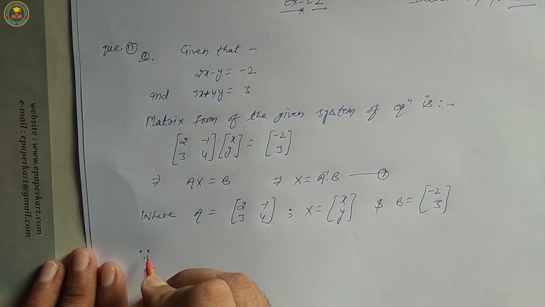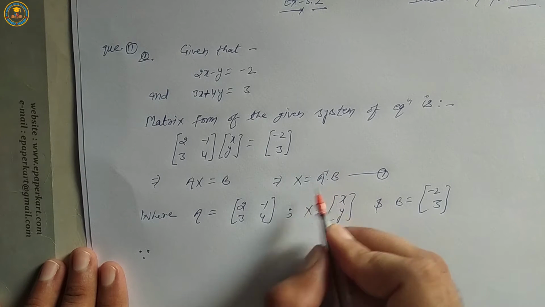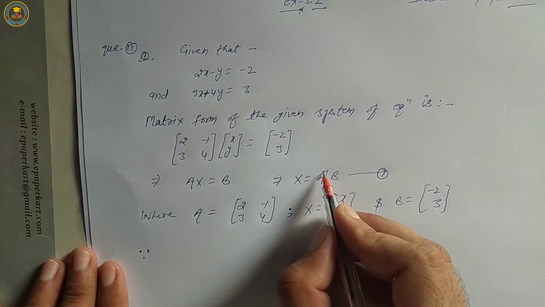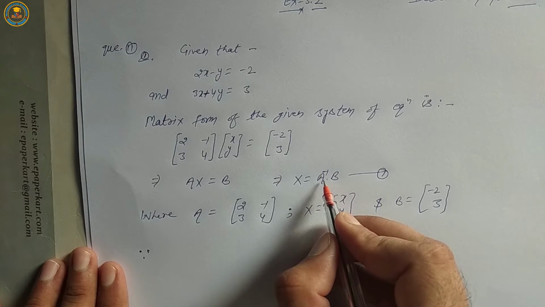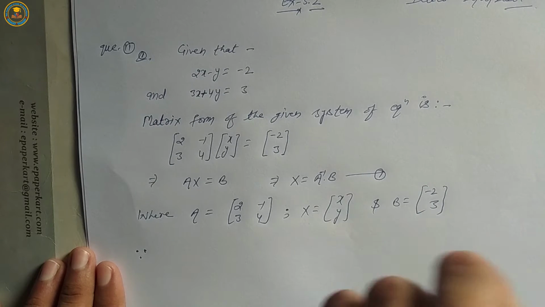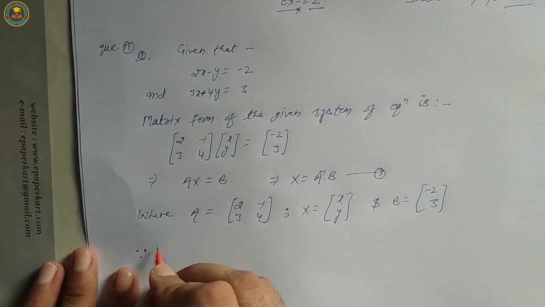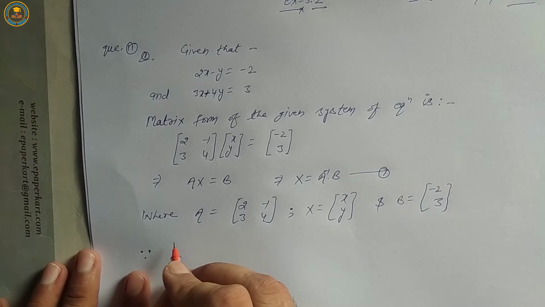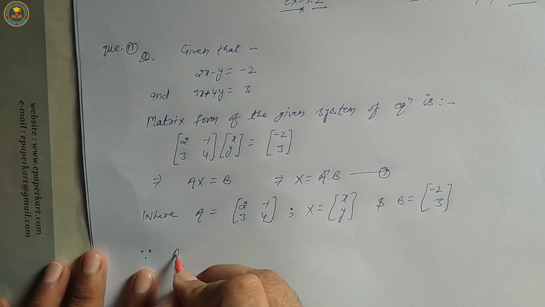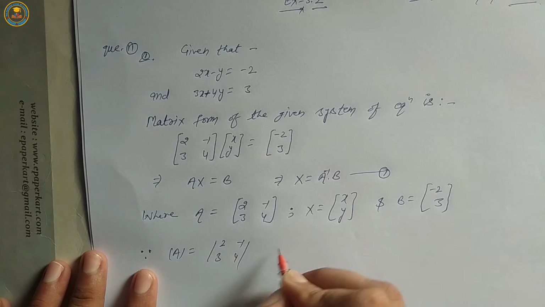Because we need to find the value of A inverse. The formula of A inverse is equal to adjoint A upon determinant A. Determinant A is equal to 2, minus 1, 3, 4.